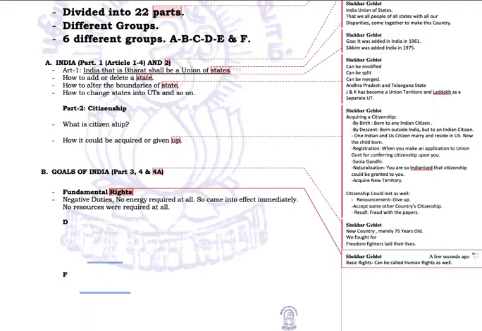Fundamental rights are those rights which are very much relevant for the basic development of human beings and which are inalienable, which cannot be taken away from a human being. If these rights are snatched from a human being, human dignity will be lost.